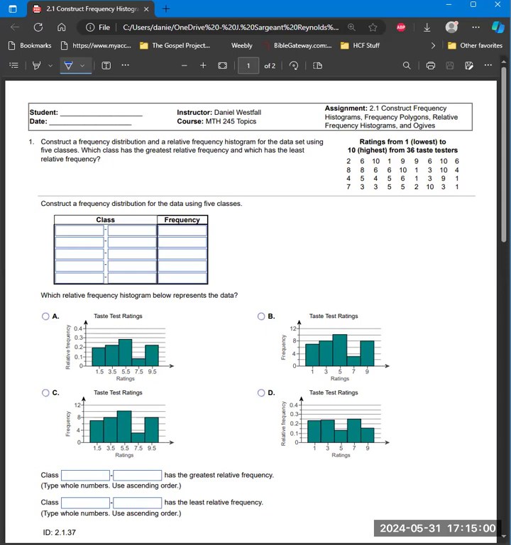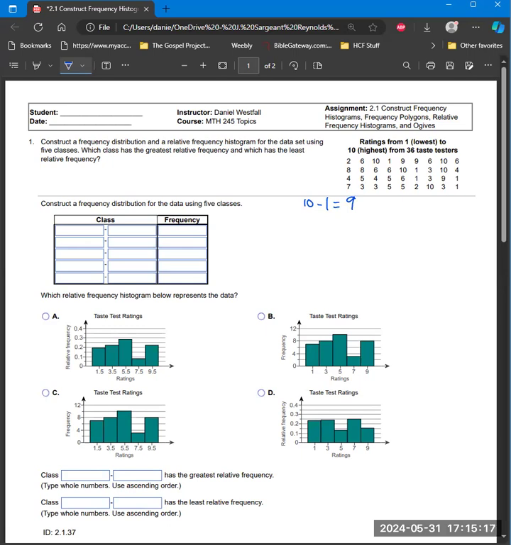Let's see, the biggest number here looks like 10, and the smallest number appears to be 1. So we have a width of 9.